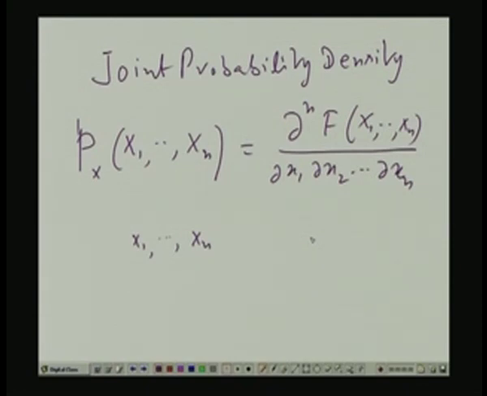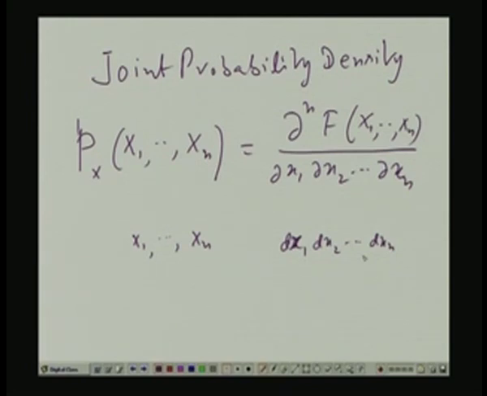Actually, in real life a cube has only 3 sides, but in an n-dimensional space I will call it an n-dimensional hypercube, whose sides are dx1, dx2 up to dxn. So the volume is this.